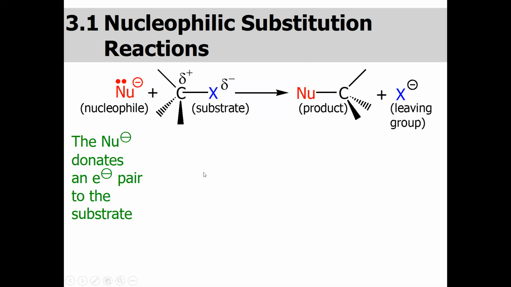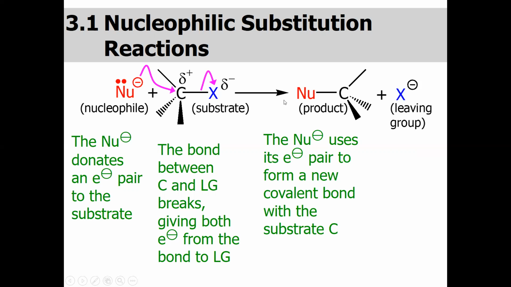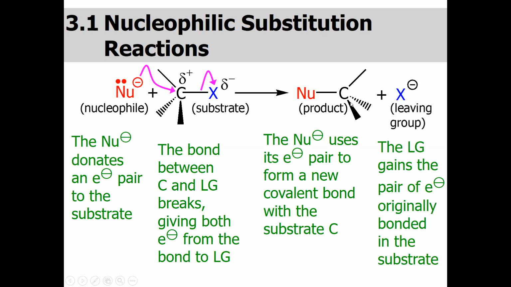As I mentioned, when the nucleophile attacks this nucleophilic center, the nucleophile donates a lone pair of electrons to the substrate, which results in breakage of the bond between carbon and the leaving group, giving both electrons to the leaving group. Ultimately, the nucleophile uses its electron pair to form a new covalent bond with the carbon substrate, and the leaving group gains the pair of electrons originally bonded in the substrate.